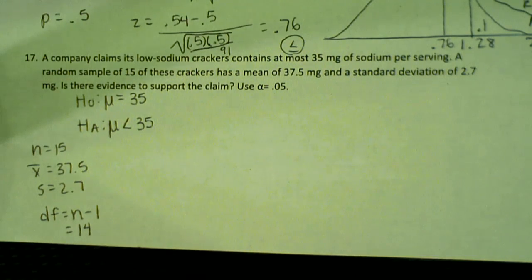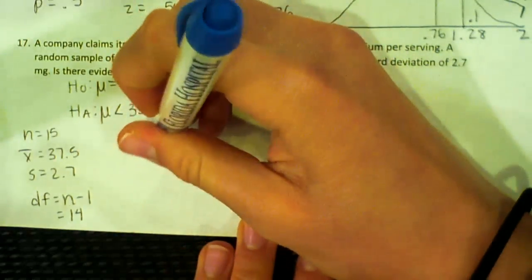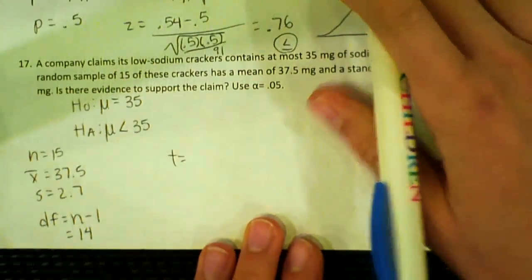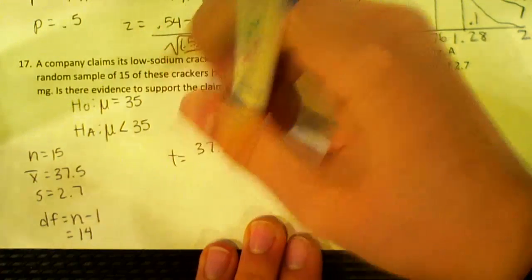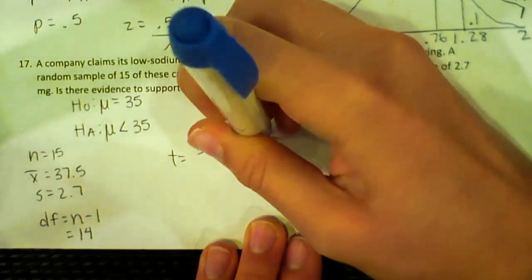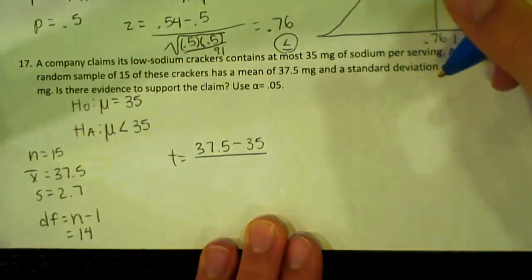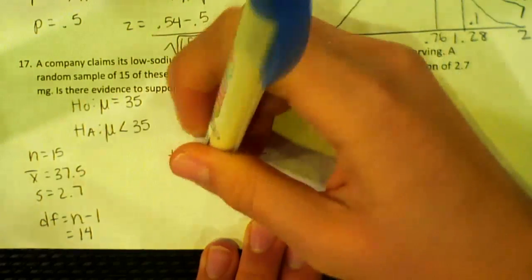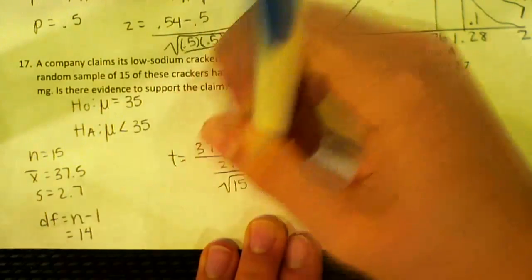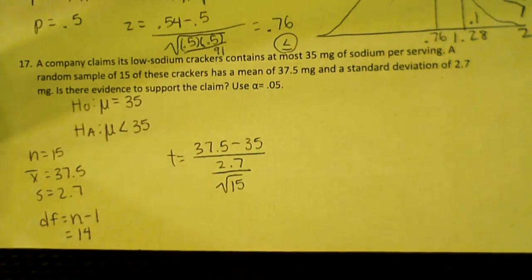All right, so let's find the t-score. And again, it's basically the same as the z-score formula.